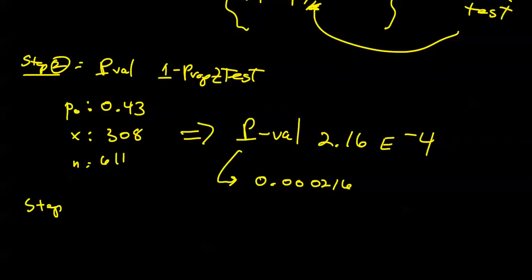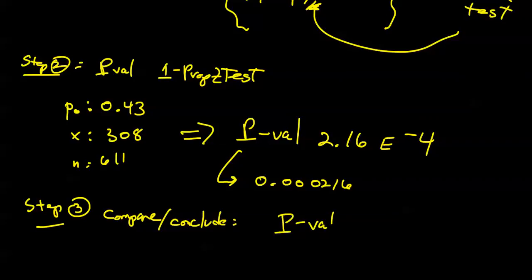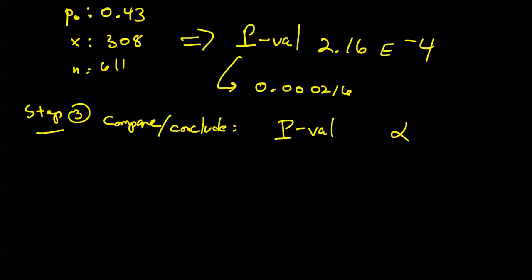Alright, once we get the p-value, step 3 is to compare and conclude your results. Again, I'll make a little mini table here with my p-value right next to my alpha level, my significance level, to tell me if my data is significant with regard to rejecting the null claim. So my p-value is 0.000216. The alpha level was given as 0.10, and typically that's given to you in the problem statement.